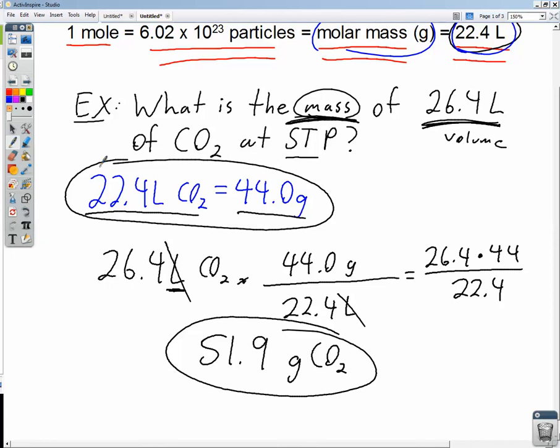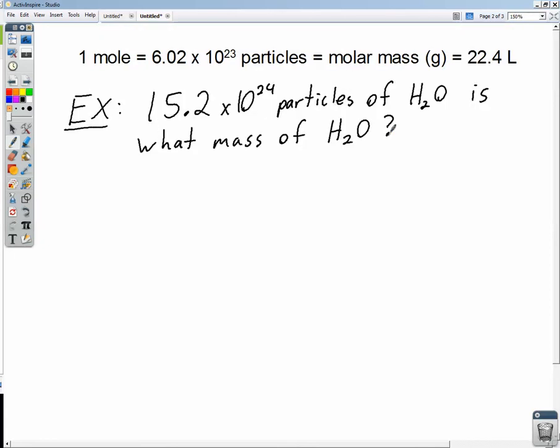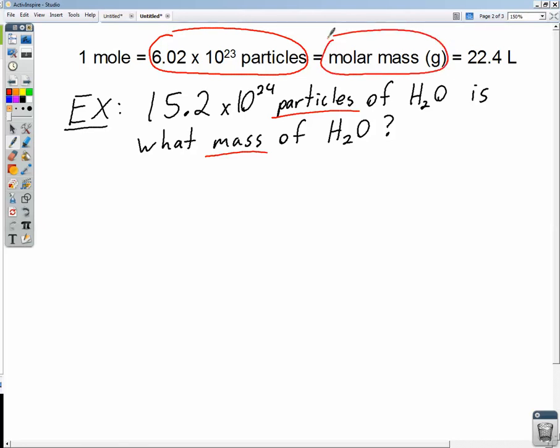All right? Let's do another example. So here it is. 15.2 times 10 to the 24th particles of H2O is what mass of H2O? I have our lovely 4-part conversion equation at the top here. And let's see, I'm going from particles into mass. So that means that I'm using 6.02 times 10 to the 23rd, and I'm using the molar mass.